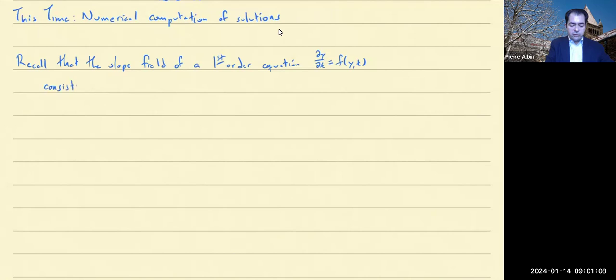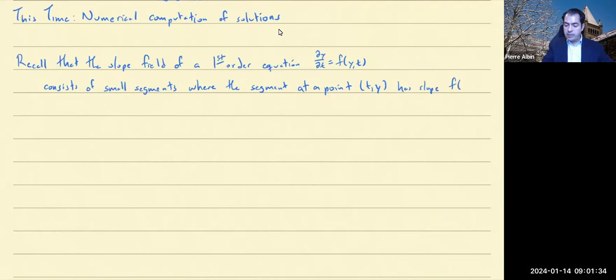This consists of small segments on the plane where the segment at a point t comma y has slope f of y comma t.